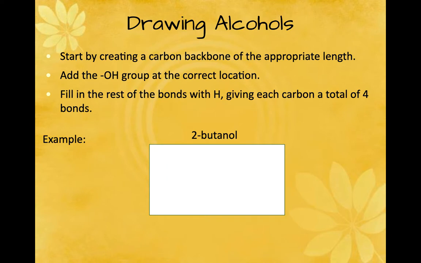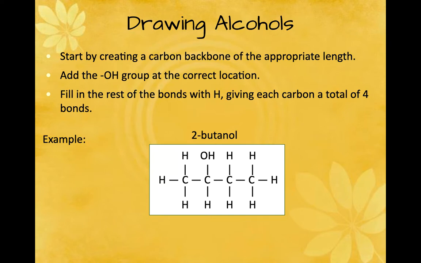The but tells you that there are 4 carbons, so we start by making the backbone. Then we see that OL at the end, which tells us it's an alcohol, and the hydroxyl group is going to be on carbon 2. So we add that in, and then we fill everything else in with hydrogens so that every carbon has 4 bonds. So there we have 2-butanol.